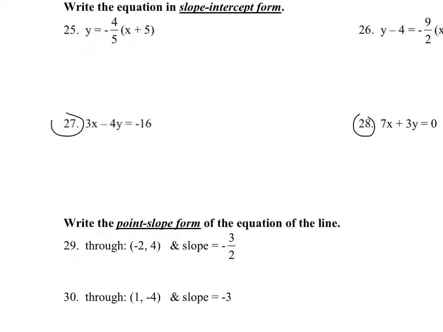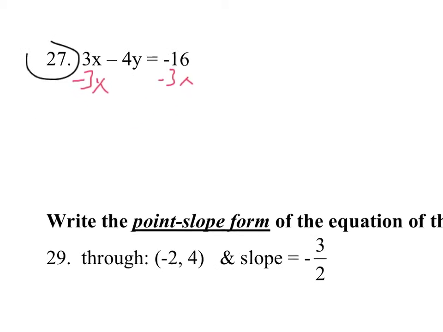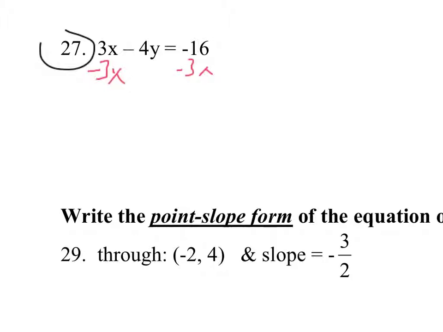In actuality, we are asked to graph it as well, so I will add that to this problem. So first of all, we want to solve for y. So we will subtract 3x from both sides. And we will get negative 4y equals negative 3x minus 16.